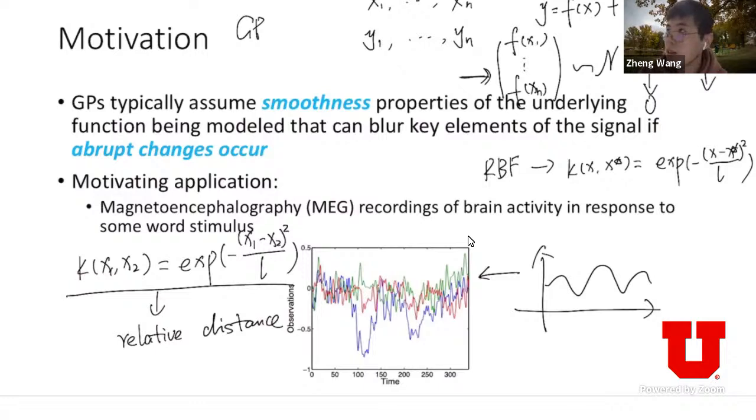Maybe for buildings, or different animals, they can have a different reaction to the word stimulus, like the reaction time.